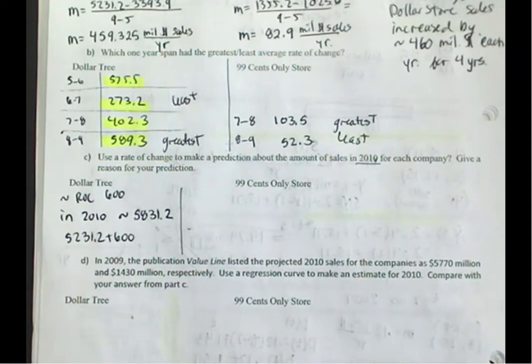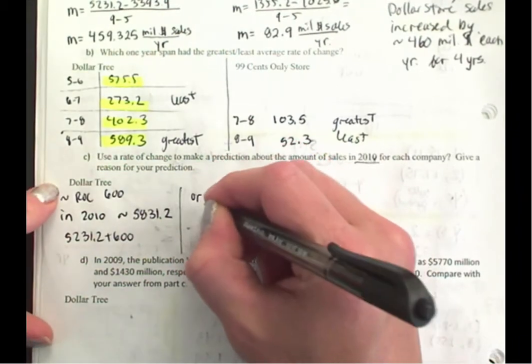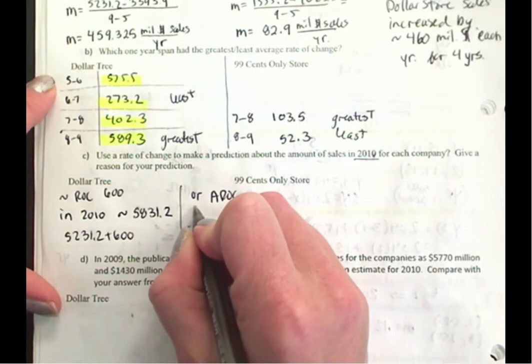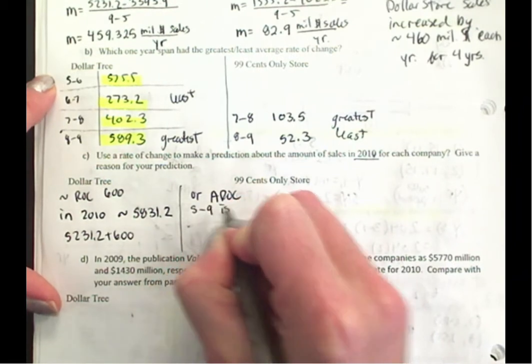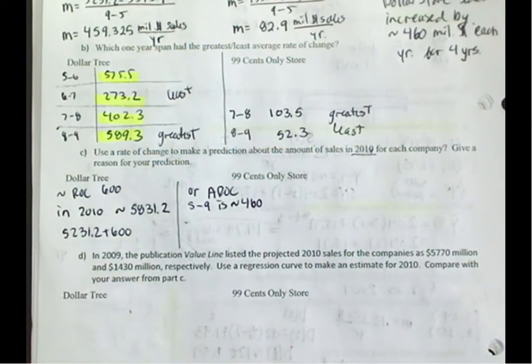Maybe you feel like that's not a good idea. Maybe I just want to take my average rate of change and add that instead. Guys, you can get minimum predictions and maximum predictions. Okay, or average rate of change from 5 to 9 is approximately 460. You don't need to use decimals, you're estimating here.